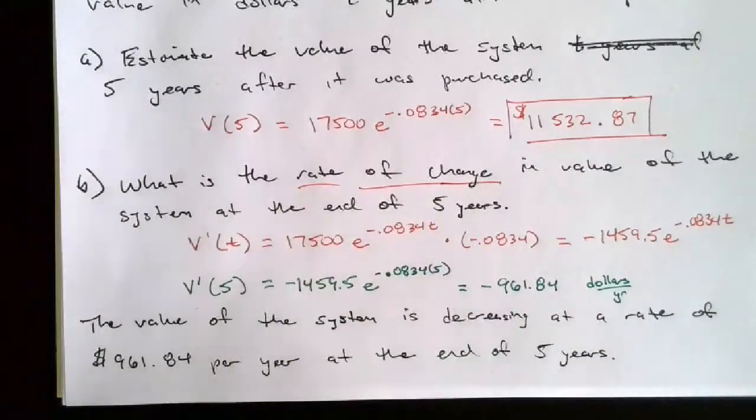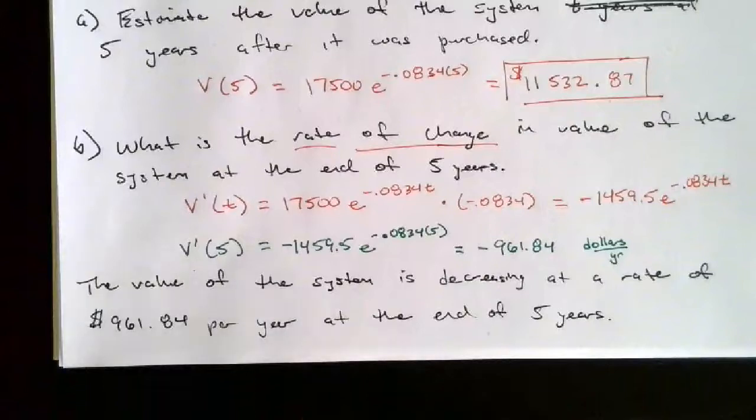So, it's important to understand what you found. That interpretation sentence really does make a difference. So it's decreasing at a rate of $961.84 per year at the end of 5 years.